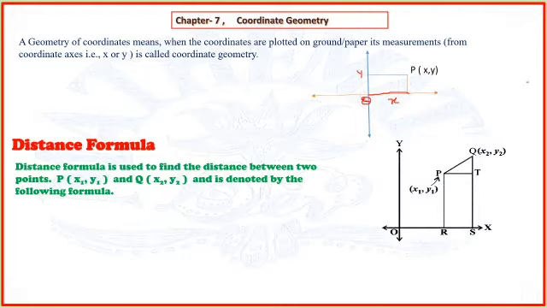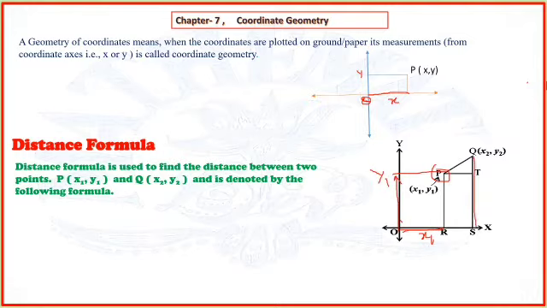Suppose we have this point P, denoted by x1, y1. This distance is x1, and this vertical distance up to here is y1 from the origin.